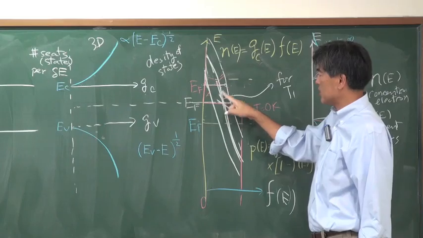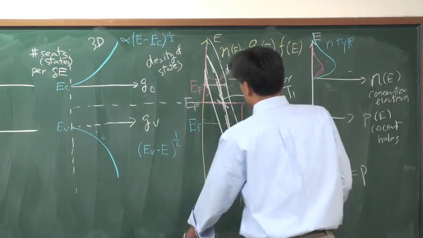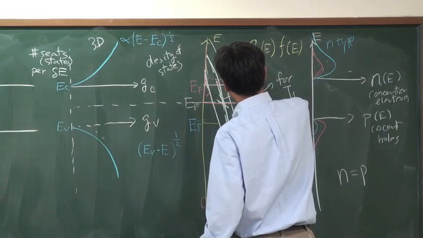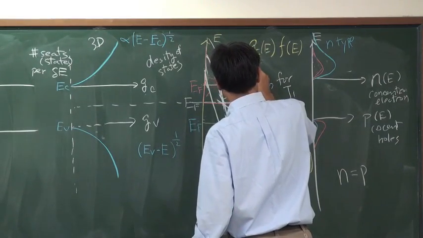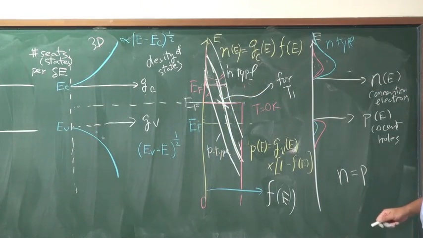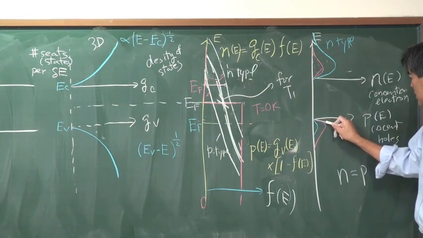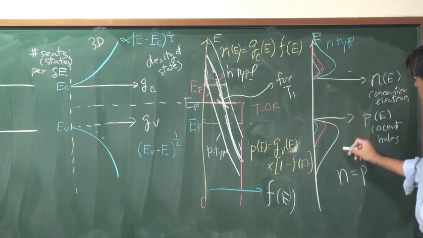This is an intrinsic case. This is a donor, so this is N-type. This is P-type. In the case of P-type, this becomes large, and this becomes small.